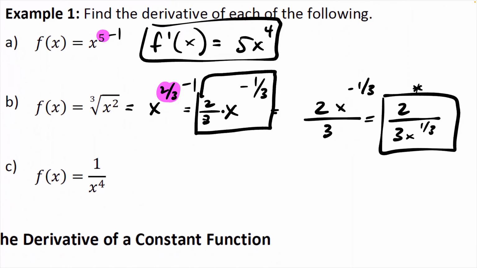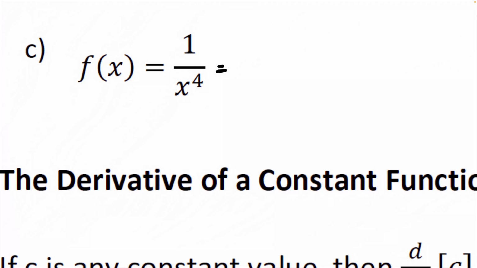Okay, all right, so C. Well, it's 1 over. So it kind of looks like this last one that we did, right? This last one had 5 over x. Well, I don't like fractions when I'm trying to find the derivative. So how can I change this so that it doesn't have a fraction? It's 1 over x to the 4th. Move it up, right?